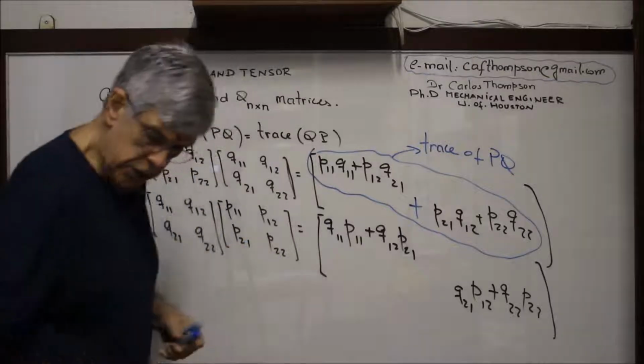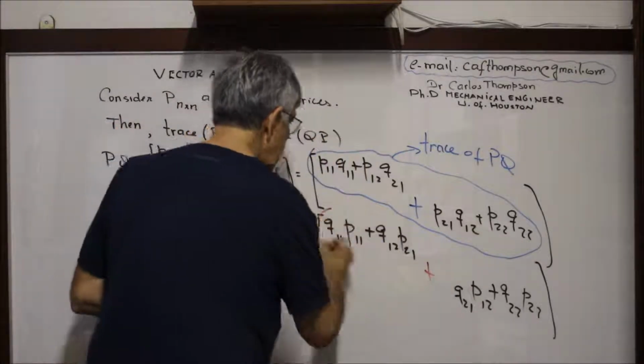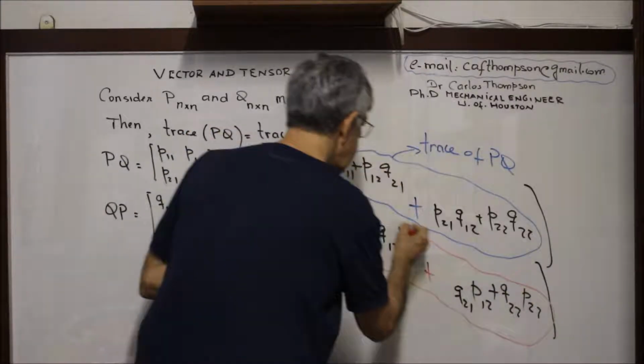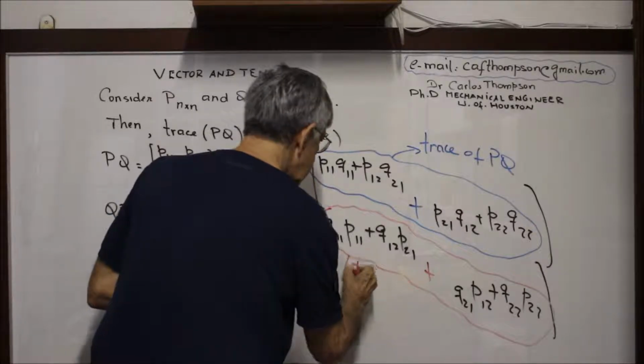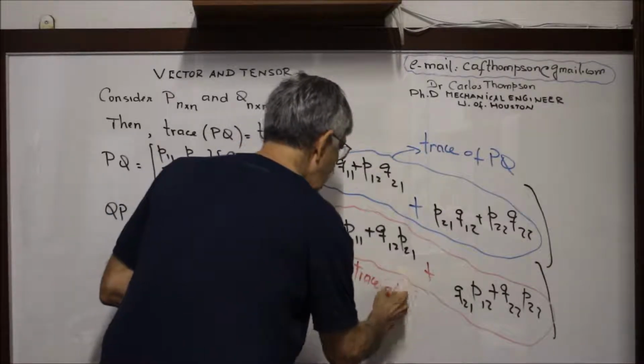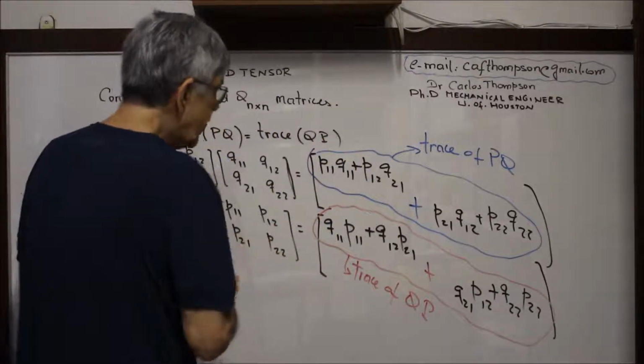Now, here, if you add the main diagonal, see, this is the trace of QP.